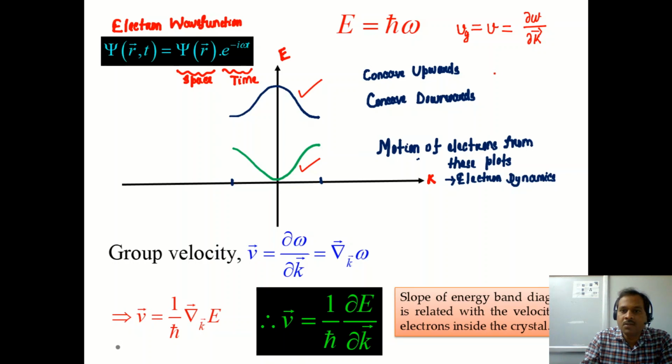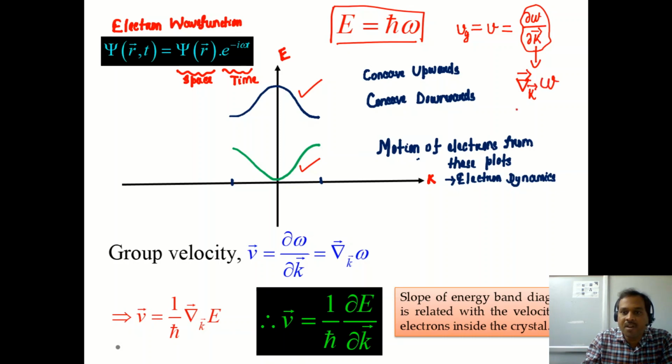Further, we know that the energy of the electron can be written as h cross omega, and this del omega by del k, if you write it properly, can be represented as the gradient in the k space, that is del_k of omega. And what is del_k? It is the gradient in the k space.